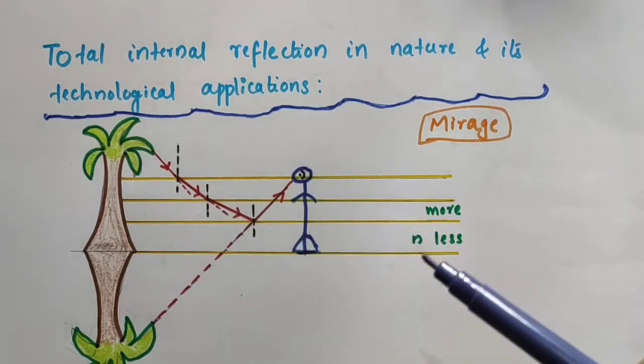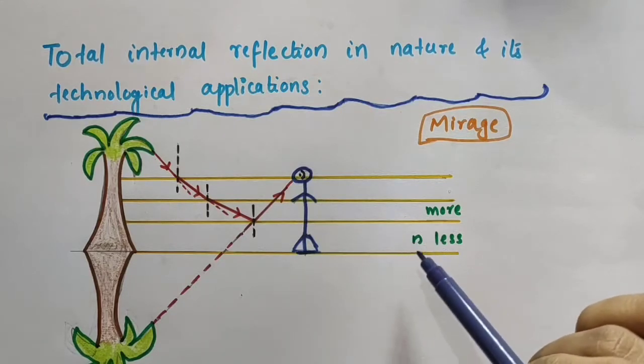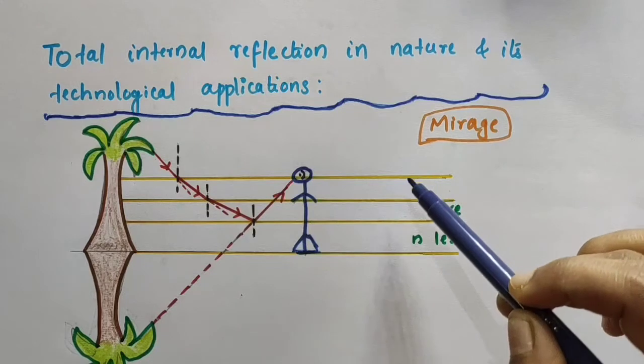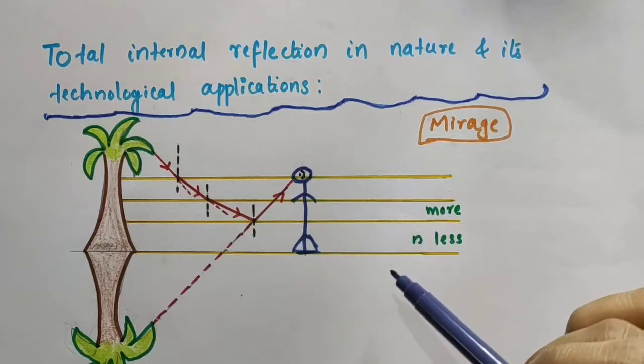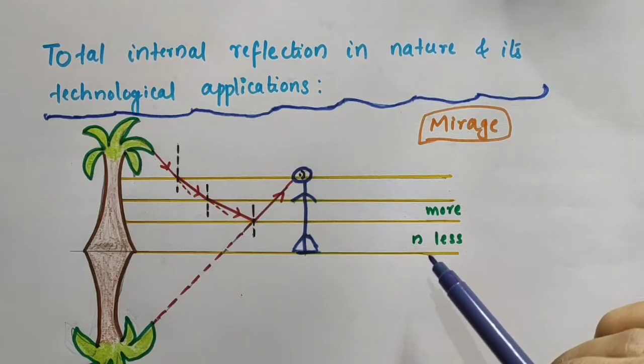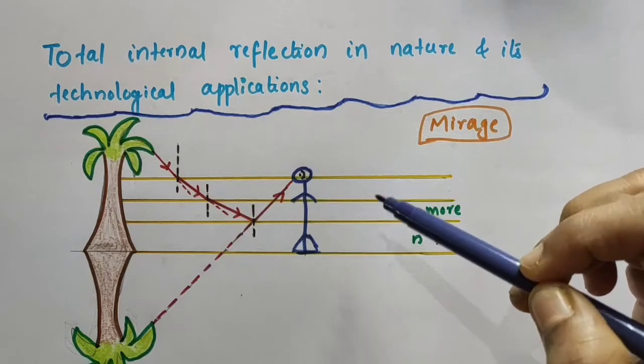On hot summer days, the layer of air near the ground becomes hotter than the air at higher levels. Hotter air is less dense. Hotter air has a smaller refractive index, so its refractive index will be less compared to the higher air layers.